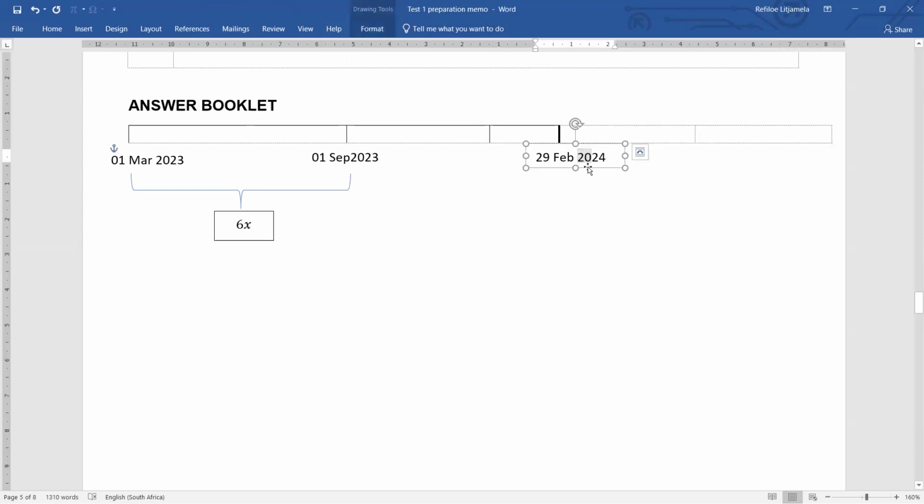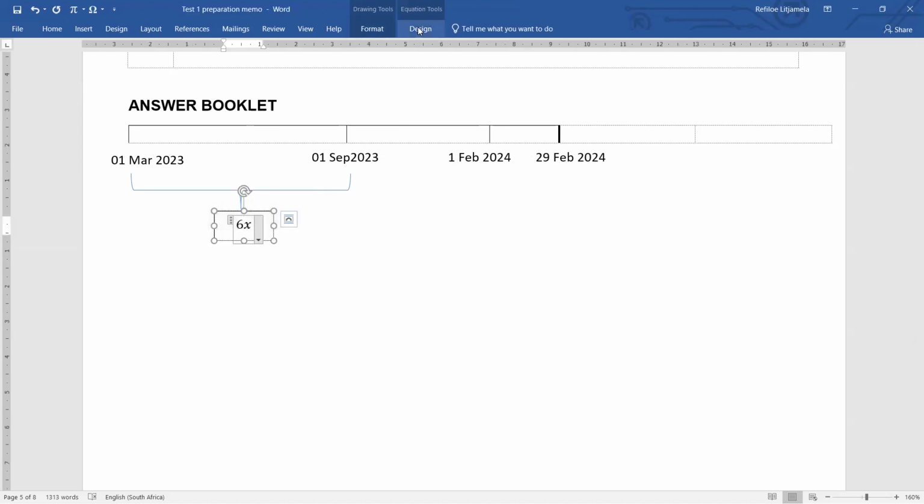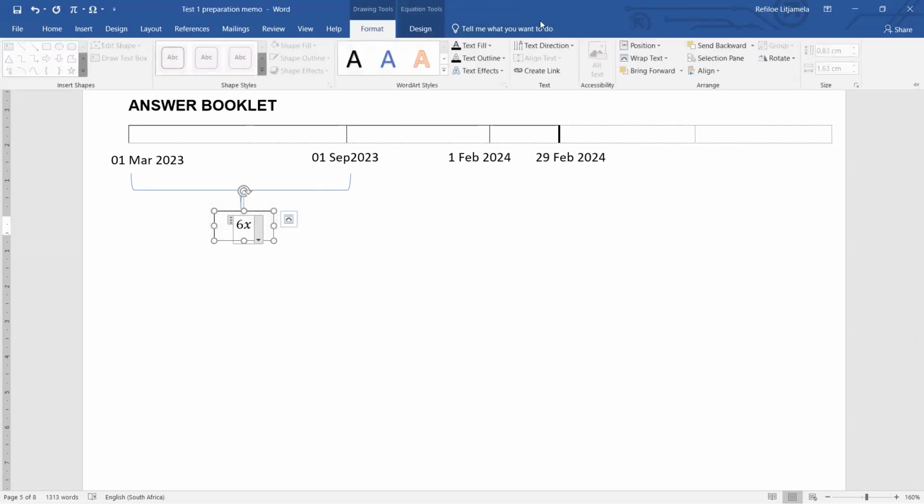Why do I put in the 1st of Feb? It's the beginning of the month, but why do I choose the 1st of Feb? Why do I say that it was increased from September until the 1st of Feb? Because it was not received for Feb. So that's why I'm stopping right at the beginning of Feb.